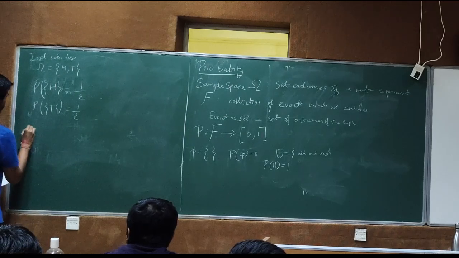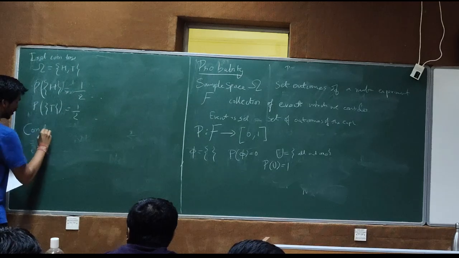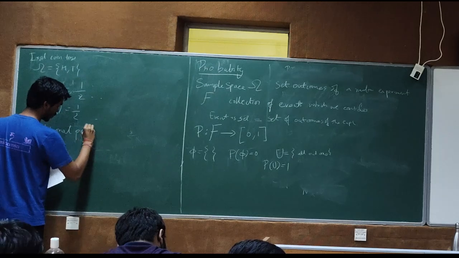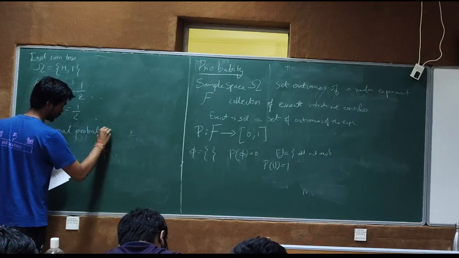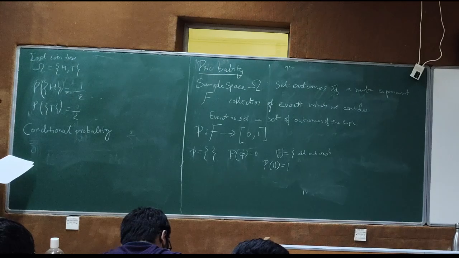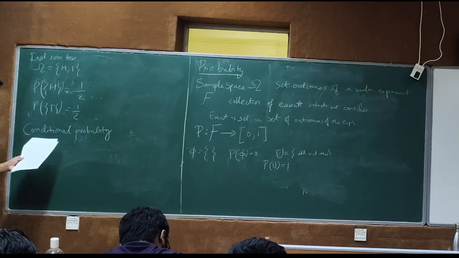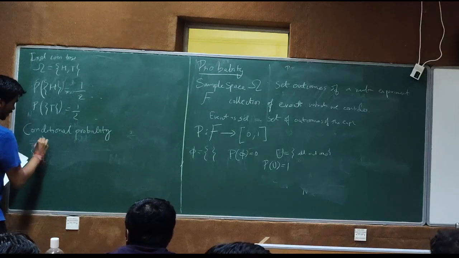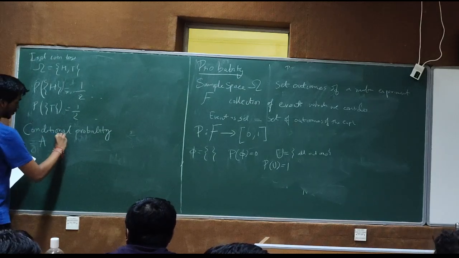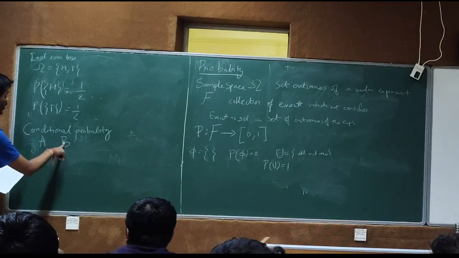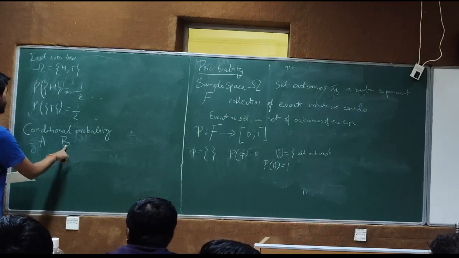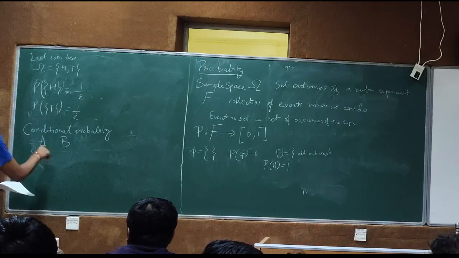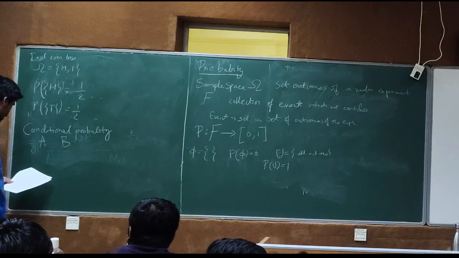Now let's see. There's something called conditional probability. Sometimes you have an event A occurring, and if you have another event B occurring, the value of the probability of the event B occurring can depend on what the outcome was of the event A occurring.